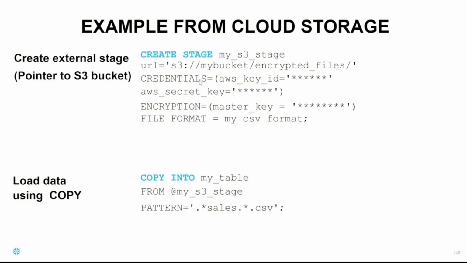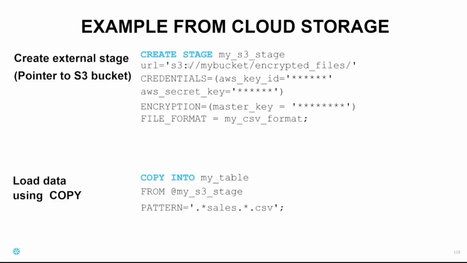This is one way of doing that, where you are passing the credentials and the secret key, which is not a recommended way. Now we use a storage integration. There is an object inside Snowflake which we call a storage integration. That storage integration contains all the security measures of the particular AWS account from where you are trying to access the file, along with the URL of the S3 bucket.